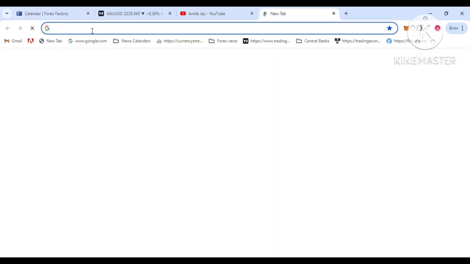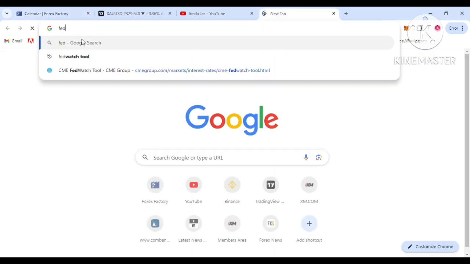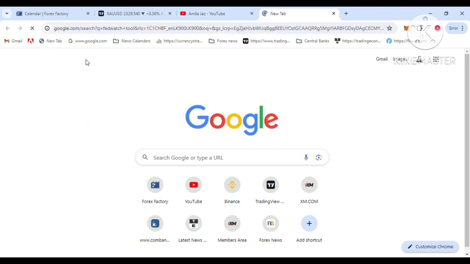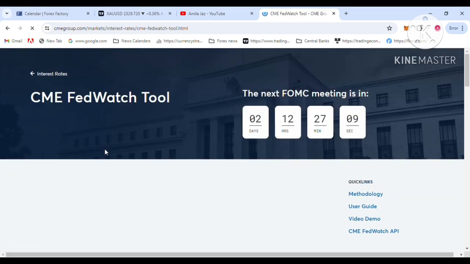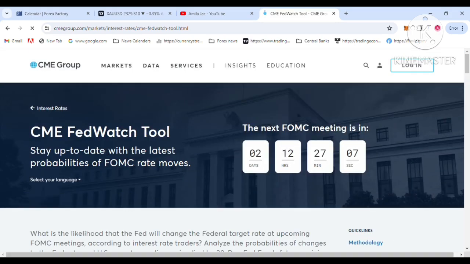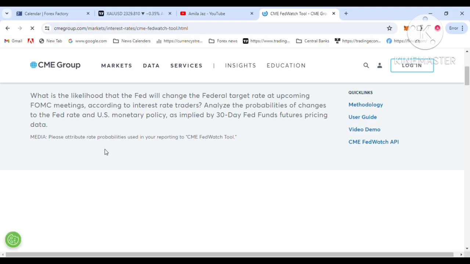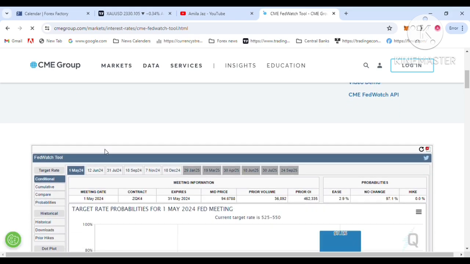Let's see the FedWatch Tool website. What is the interest rate forecast for the May FOMC meeting? So I am going to the FedWatch Tool website, to see what the market is pricing in for interest rates at the May FOMC meeting.